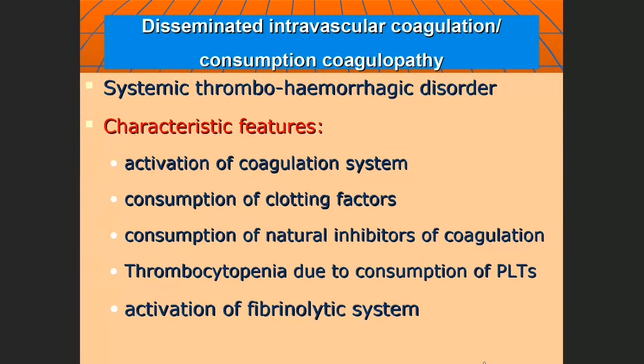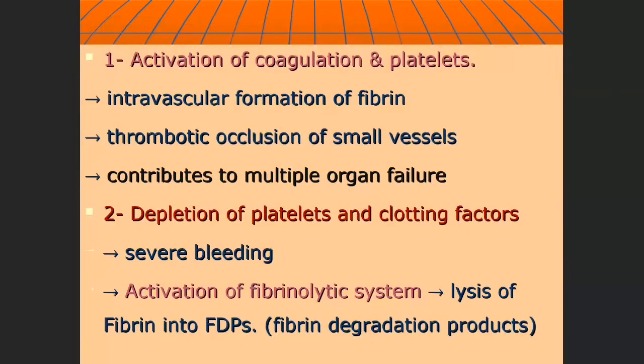Activation of coagulation factors and platelets will lead to intravascular formation of fibrin and thrombotic occlusion of blood vessels. This will result in ischemia with ischemic damage and multi-organ failure. At the end in DIC, we have multiple organ failure.